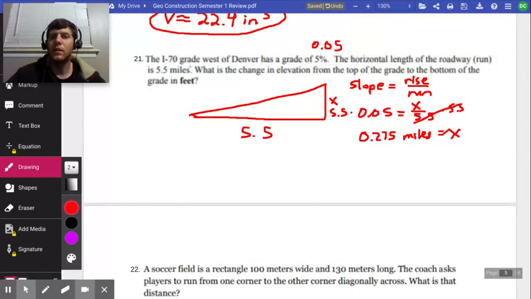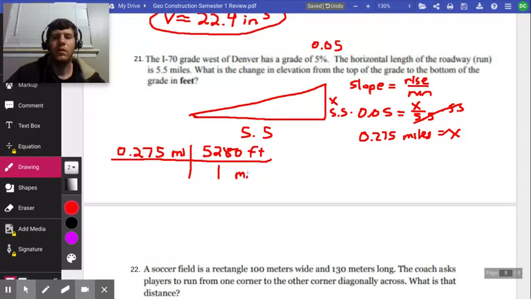Okay, we want our answer in feet, so we've got to convert miles to feet. So 0.275 miles. There are 5,280 feet in 1 mile. This way the miles cancel out.